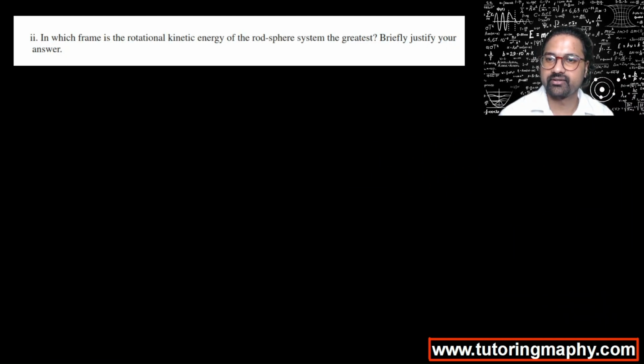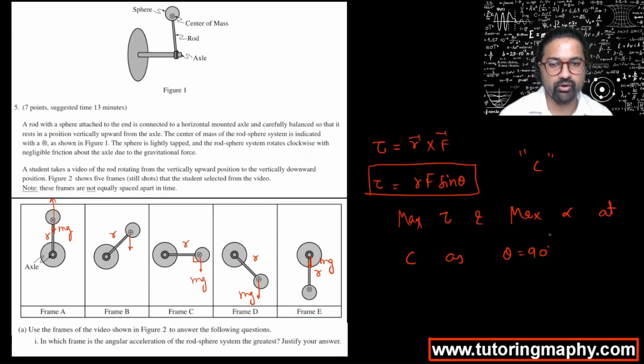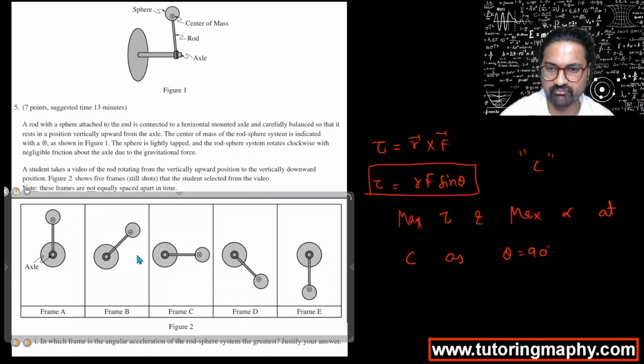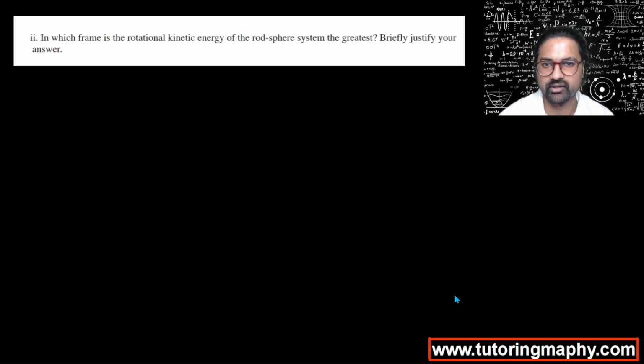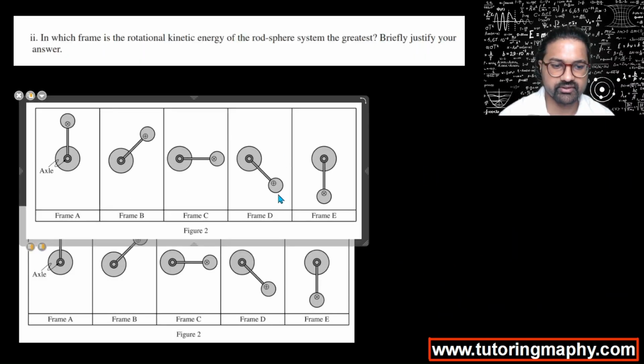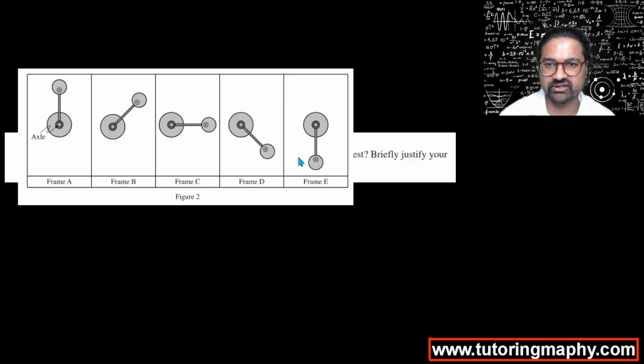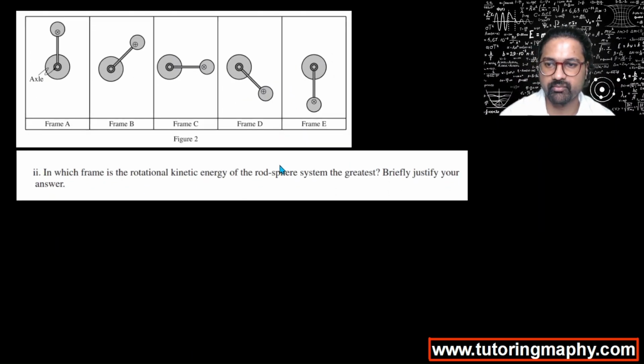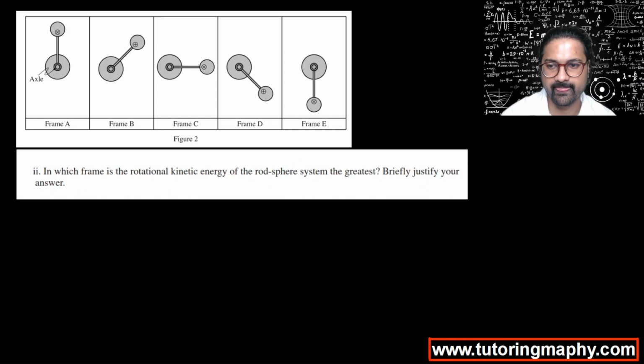In the next question, in which frame is the rotational kinetic energy of the rod-sphere system the greatest? Briefly describe. Okay, so I'm going to need this image on the next one as well. So what I'm going to say is that whenever we talk about rotational kinetic energy, and remember in this case there's no friction and all, so the energy is very well conserved.